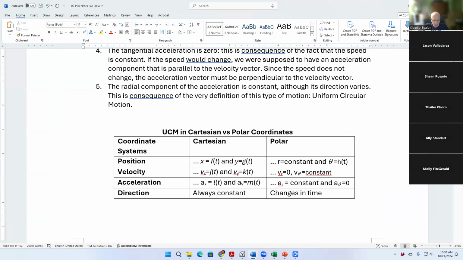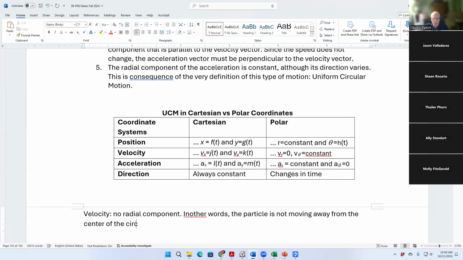So velocity, and no radial component. In other words, the particle is not moving away from the center of the circle. Instead, it is moving around it.